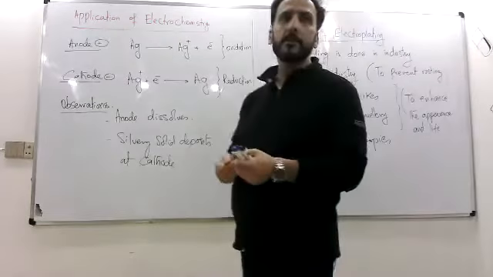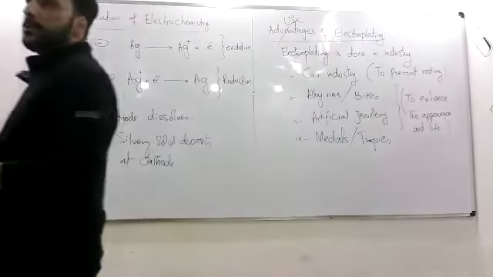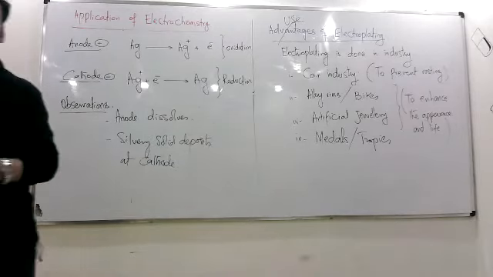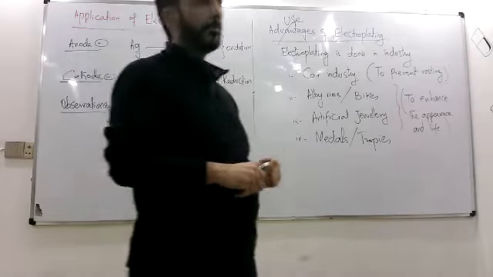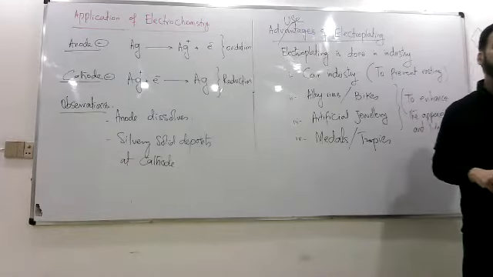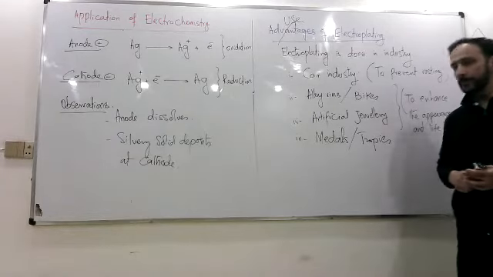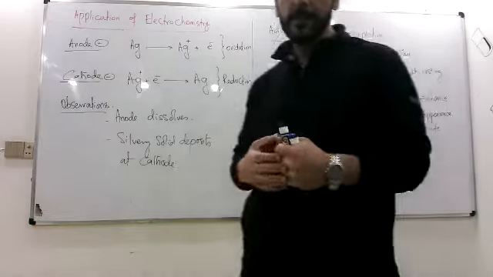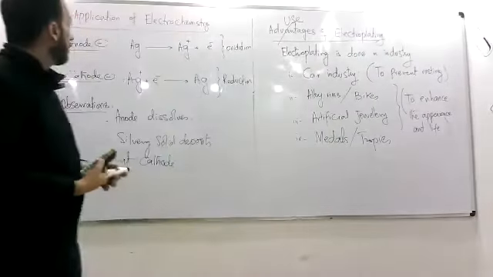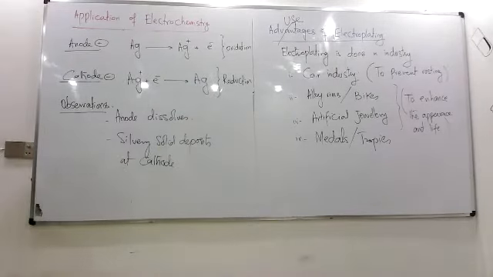A medal is not a very useful object apart from the fact it's given to someone for winning something. So just to make it look better, it's gold plated, typically silver plated and all. This is how they do it on an industrial scale. Now the next thing after electroplating is batteries.